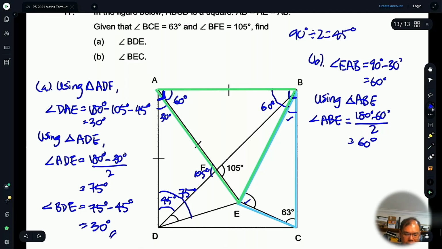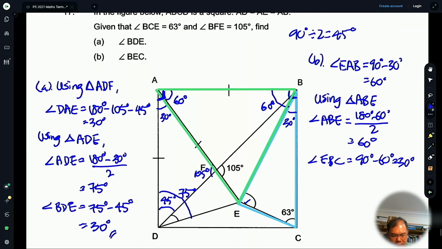Actually, you realize that the green triangle is an equilateral triangle, but never mind, it's a property that we're not going to use for this question anyway. So now I know that ABE is 60 degrees. I can go ahead and find angle EBC. Angle EBC would therefore be 90 minus 60, and it will be 30 degrees. So this is 30 degrees.